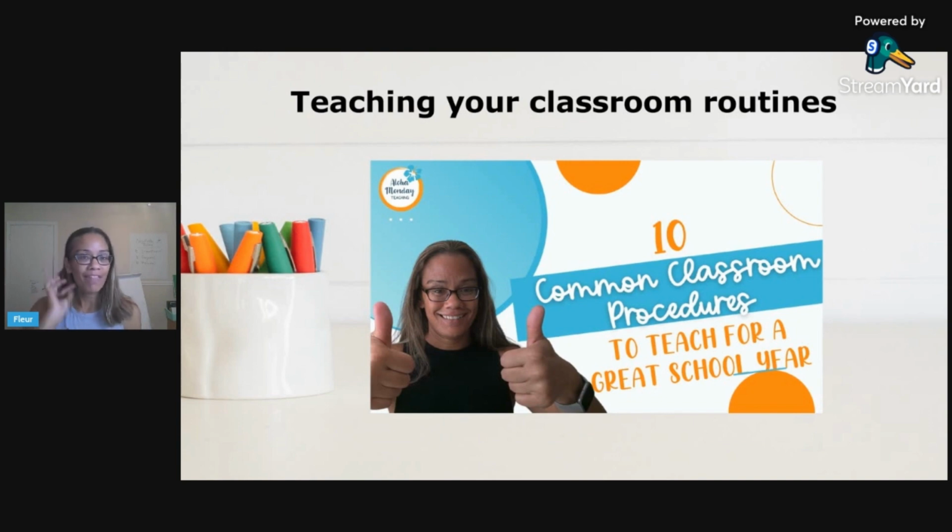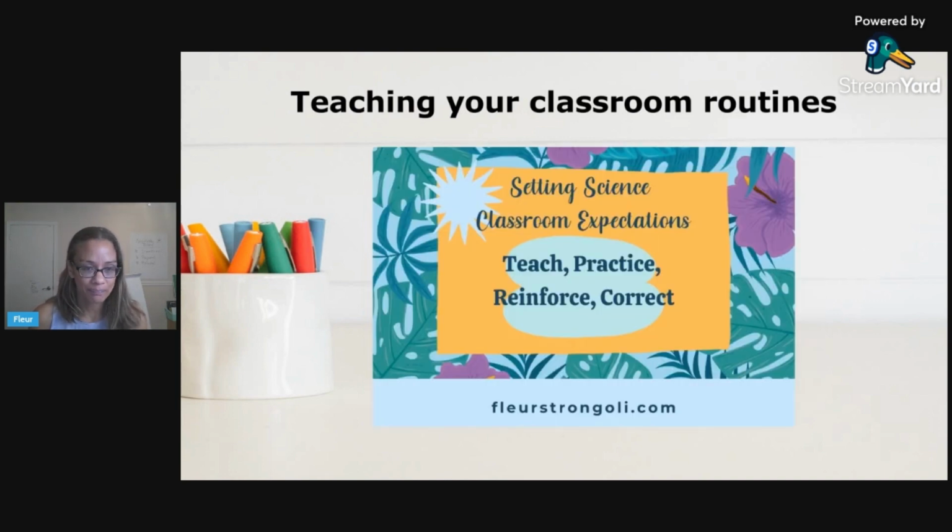So that is that. All right, teaching your classroom routine. In this video, I go over just how to teach a routine, practice it, reinforce it, correct it. So let's just briefly talk about that. For all of your science classroom routines and expectations and procedures, students need to know what they are, and they need to know how to do them correctly because every teacher is different.